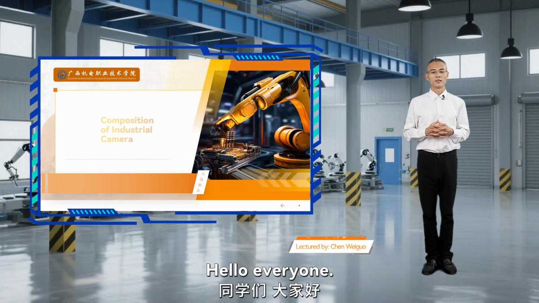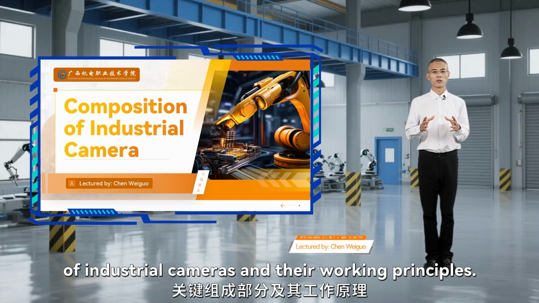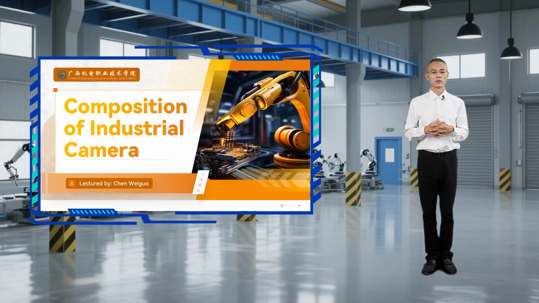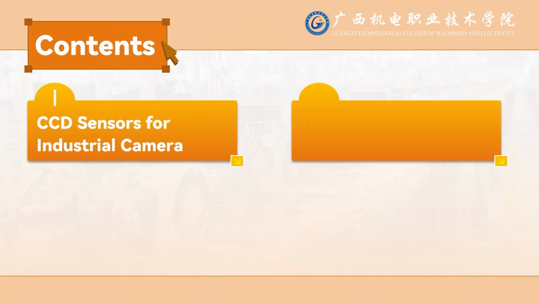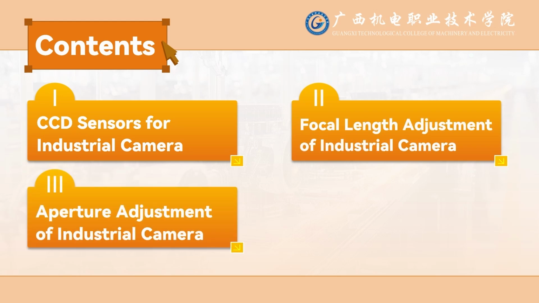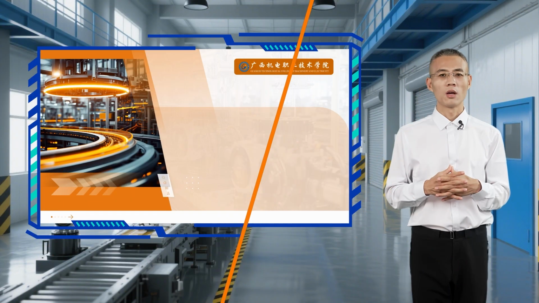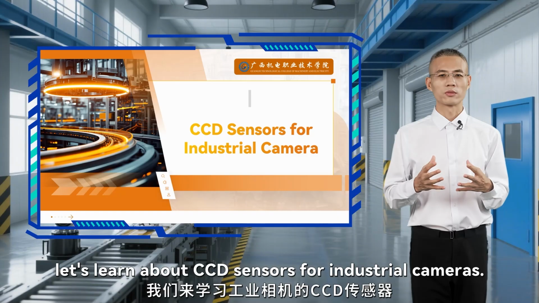Hello everyone! In this lesson, we will learn the key components of industrial cameras and their working principles. First, let's learn about the CCD sensors for industrial cameras.